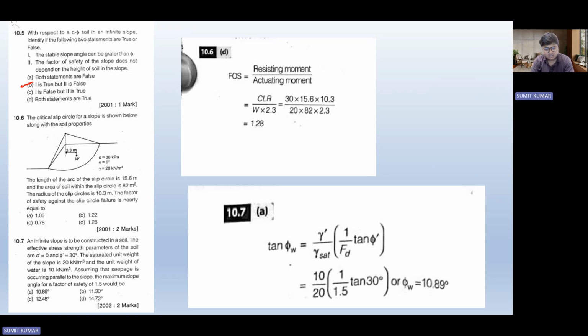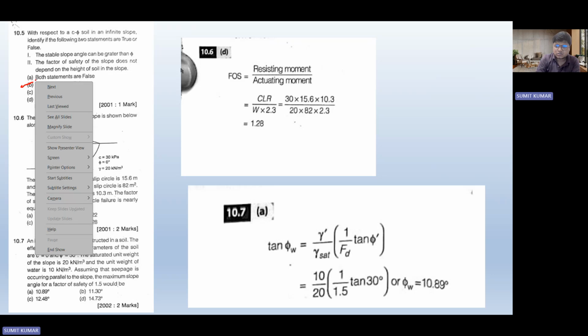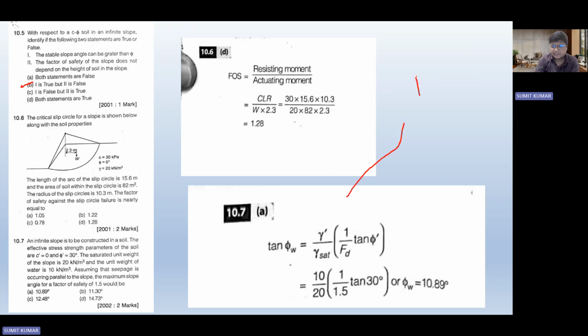So the same relation applies, because of saturated unit weight and seepage occurring parallel to the slip surface. So use this correlation: F equal to gamma dash by gamma sat, tan phi by tan beta, and calculate the value of beta.